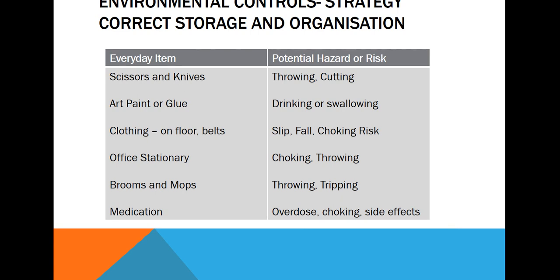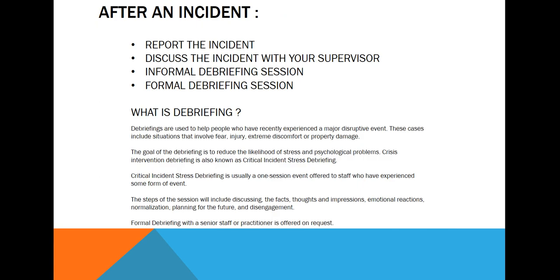Office stationery also needs to be looked at: pens and things that can be swallowed, thrown or choked on. Brooms and mops should be stored in cupboards or the appropriate areas. And medication needs to be in a safe, secure place to prevent potential risks of overdosing, choking or any other unintentional side effects.